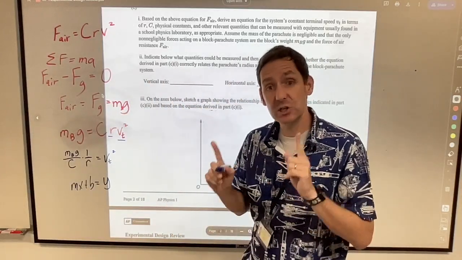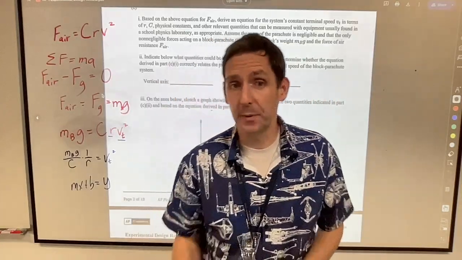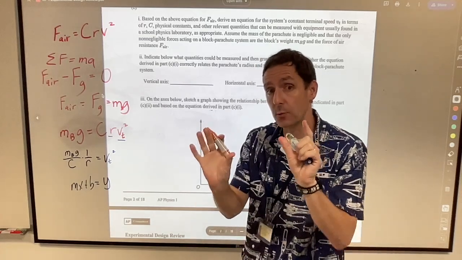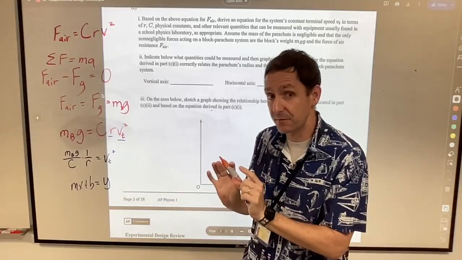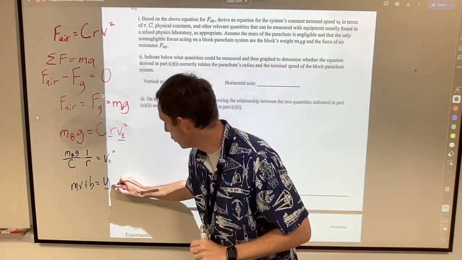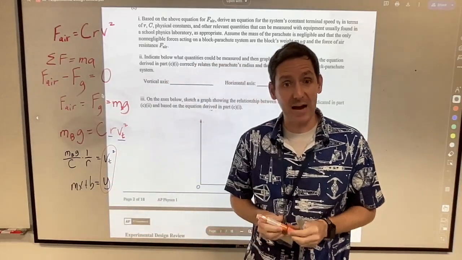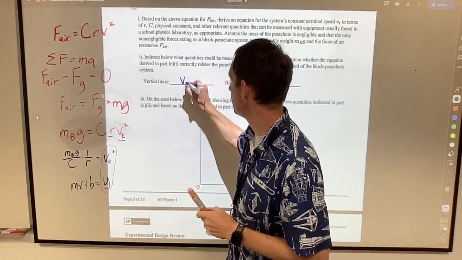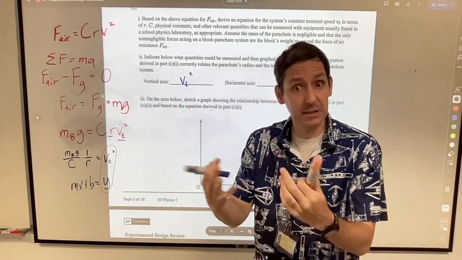You want the equation to match up with your slope-intercept form. Now, if you do this, the x and y will be your variables. That's why I made such a big deal about those two things being my variables earlier. So y is going to be one variable, and you'll notice that that matches up with the v squared. So on my vertical axis, I'm going to put vt squared. All right, that's what I'm measuring using my motion sensor.